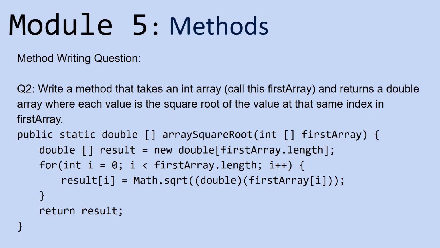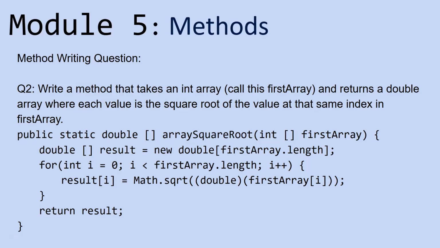And then result sub 1 would be equal to the square root of the item in index 1 of first array, which is 2 in that case, so it would be the square root of 2, which is 1.41 something. I don't remember that many digits, but yeah. And et cetera, et cetera. Each index in result would be the square root of each index in first array. And then at the very end, once we finish this for loop, we would return result.